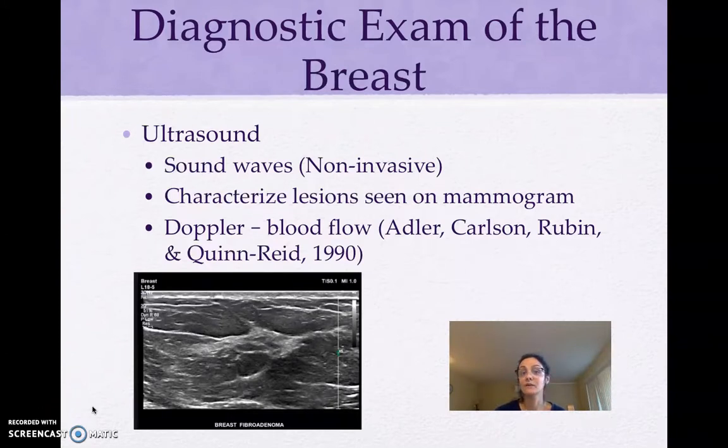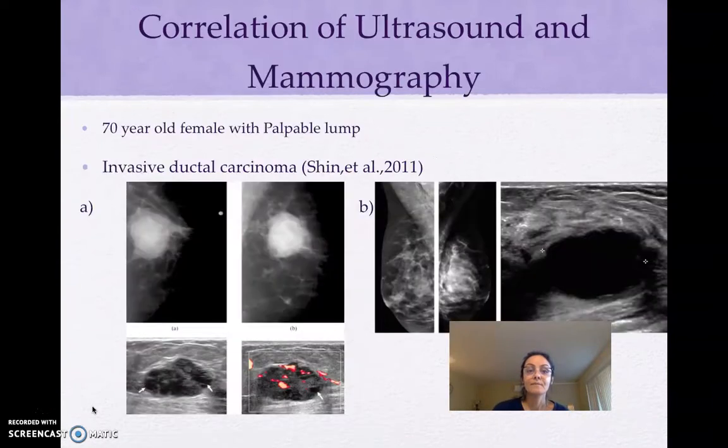So if, for example, the lesion is cystic and doesn't have any vascularity, this is a benign lesion, and it's BI-RADS 2, and the patient is being sent for follow-up in a couple of months, or sometimes if the cyst is big, they might want to drain the cyst. But if there is a solid lesion with vascularity, the patient is going to be sent for the biopsy and evaluation with the pathologist.